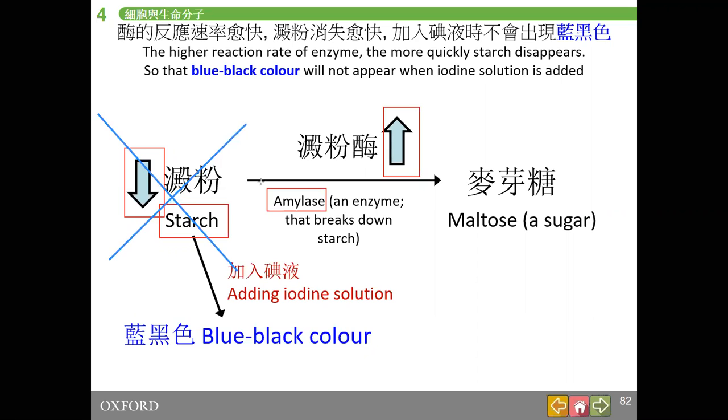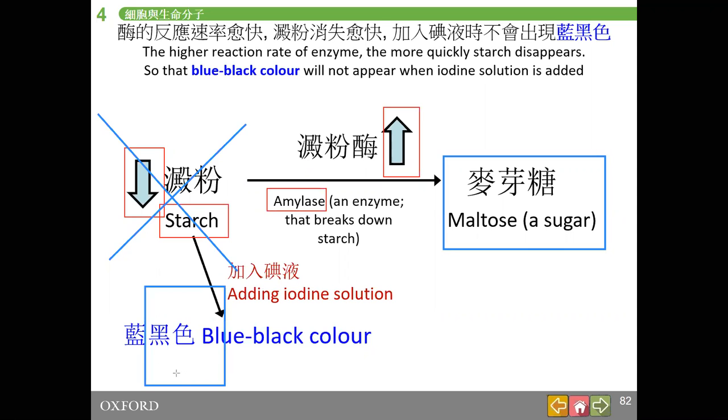Cross it out, it will disappear, converting everything into maltose. So that when I don't have starch, then adding iodine solution, I will not see blue-black color. Okay? I will not see blue-black color here.